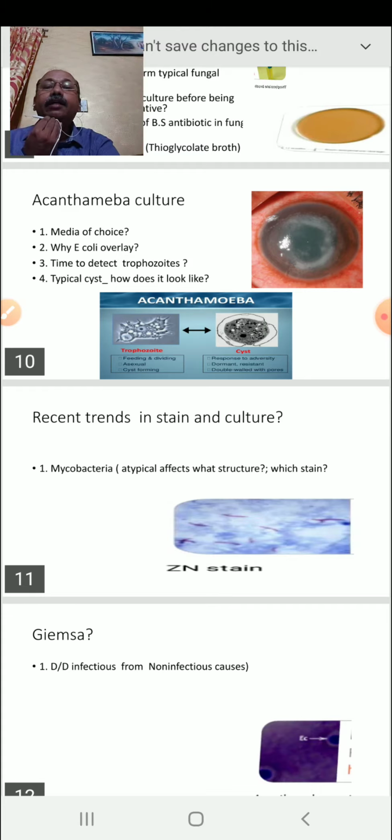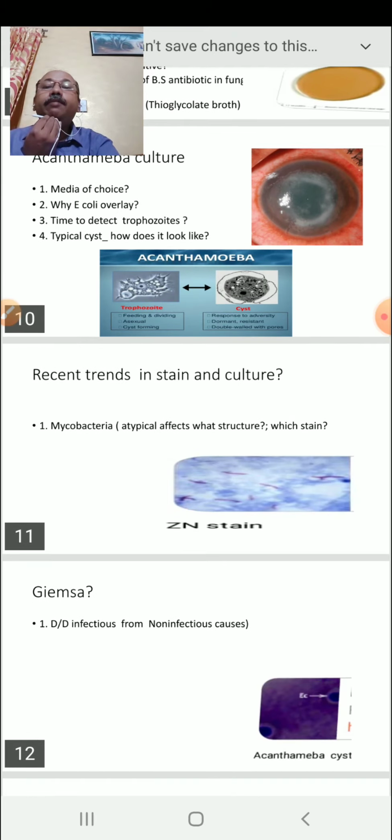Typical cysts are classically described as bivalve cysts having pores. If you look at the right hand side picture, this is the typical Acanthamoeba cyst documented. These are the bivalve cysts and they also have intermittent pores.